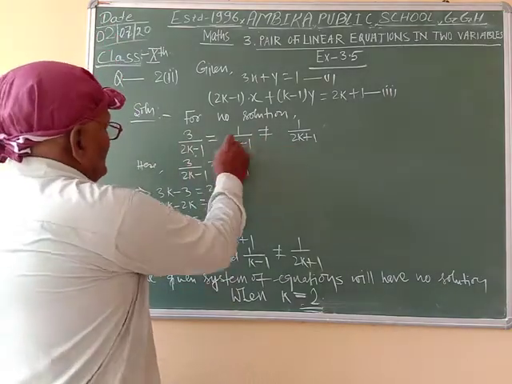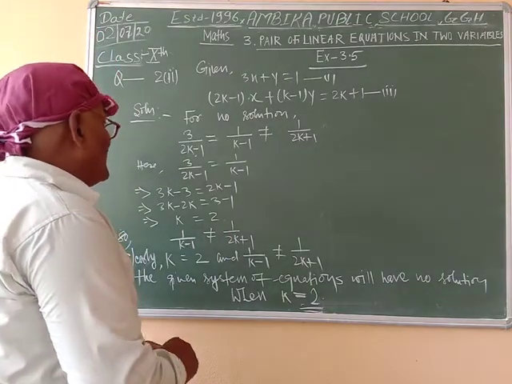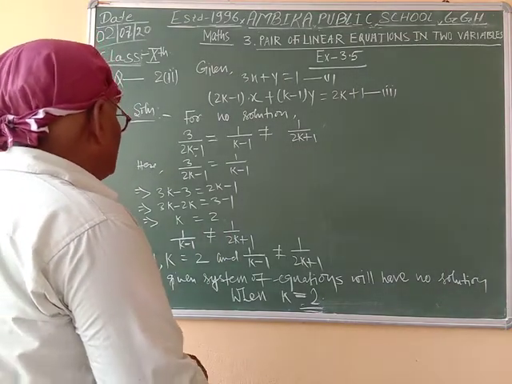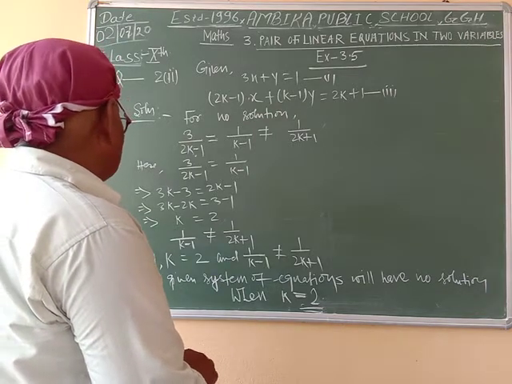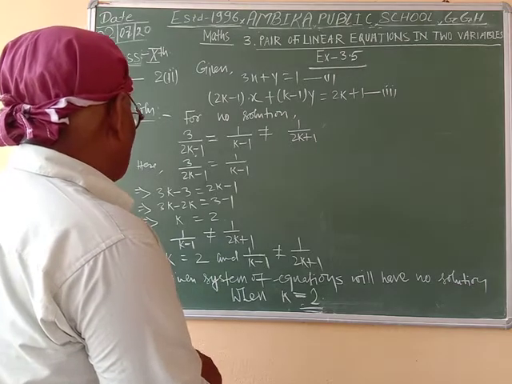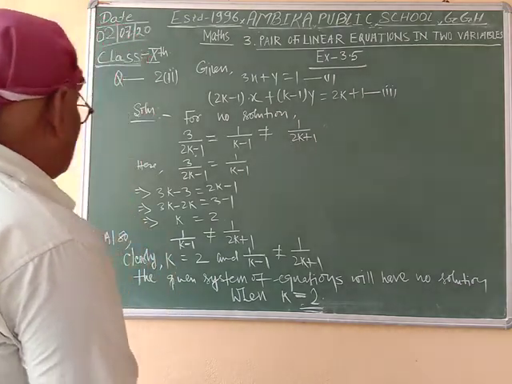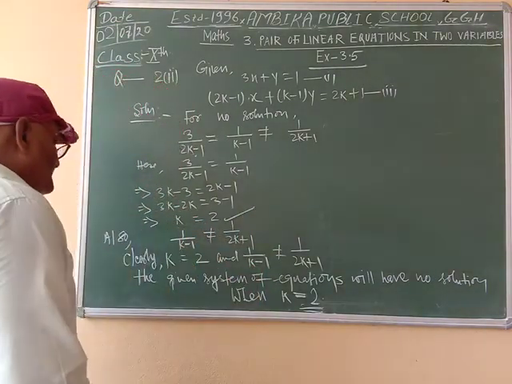Solving from two ratios, here 3 by 2k minus 1 is equal to 1 by k minus 1. By cross multiplication 3k minus 3 is equal to 2k minus 1, या 3k minus 2k बराबर 3 minus 1 अथवा k is equal to 2.